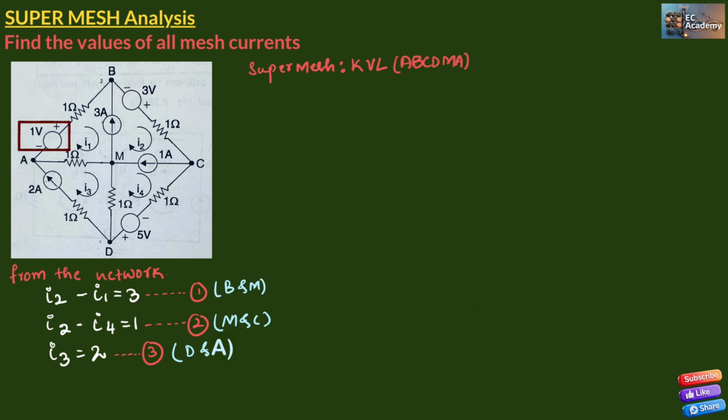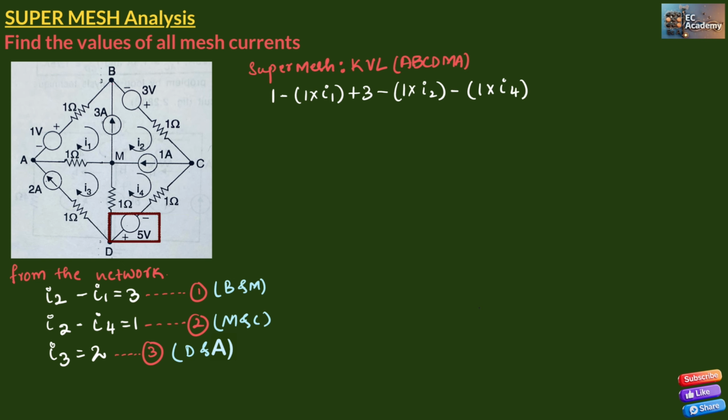Across 1 volt battery, there is a voltage rise. So we can write plus 1 volt. The voltage drop across 1 ohm resistor will be minus 1 into I1. Voltage rise across the battery is 3 volts, so it will be plus 3. The voltage drop across 1 ohm resistor is minus 1 into I2. Voltage drop across 1 ohm resistor will be minus 1 into I4.